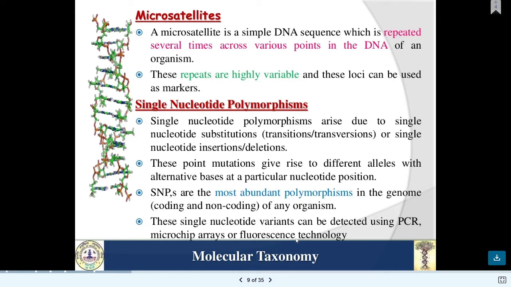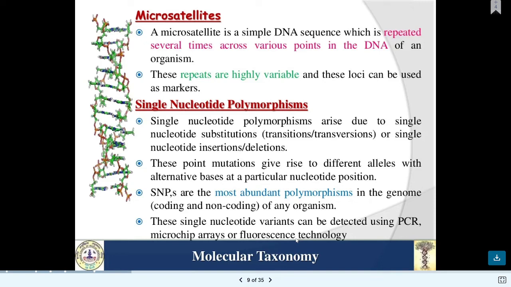Single nucleotide polymorphism or SNP. SNPs arise due to single nucleotide substitution, either because of transition or transversion, or a single nucleotide insertion or deletion. These point mutations give rise to different alleles with alternative bases at a particular nucleotide position.